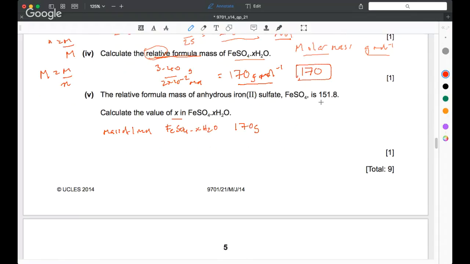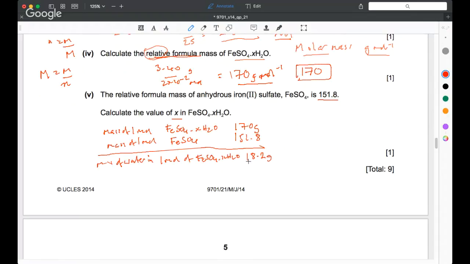They've told us here that the mass of 1 mole of the anhydrous salt, no water, is 151.8. So the difference between those must be the mass of water in 1 mole of FeSO4 XH2O.